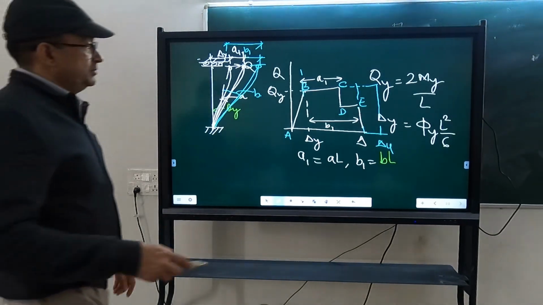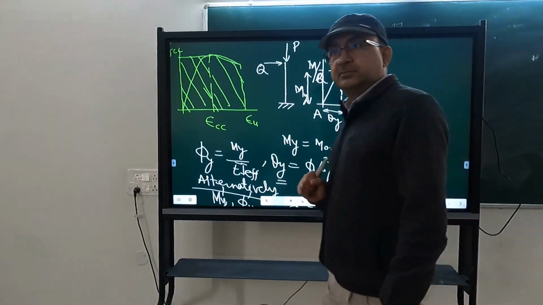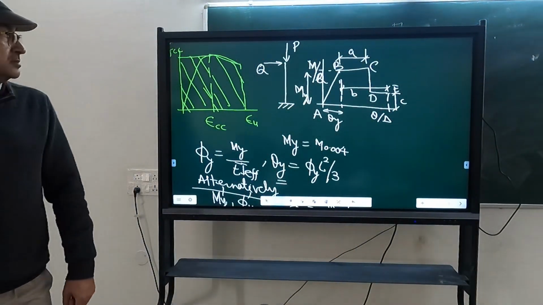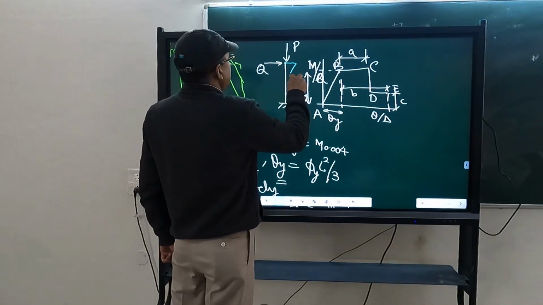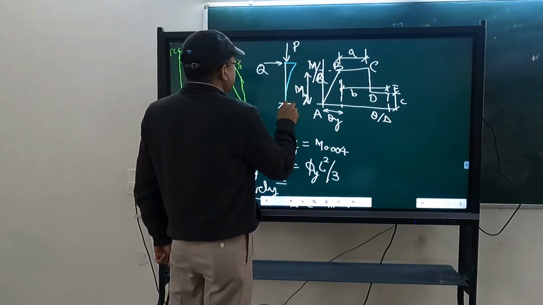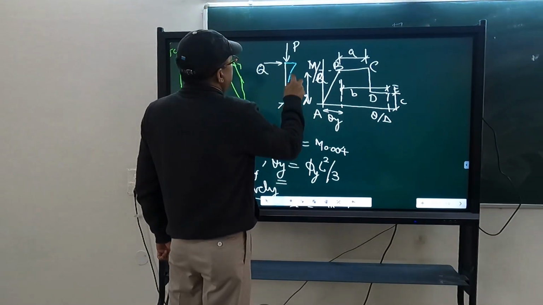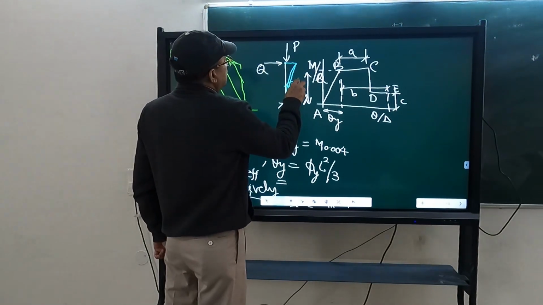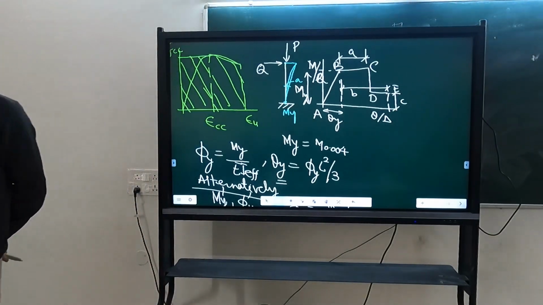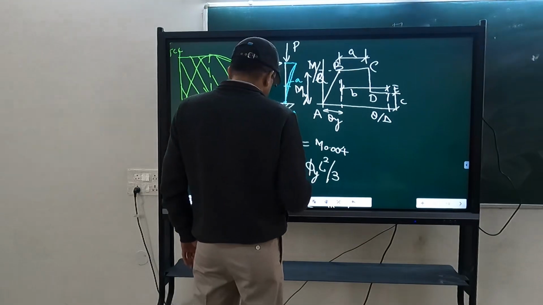Let's go back. What was A here? A is when it is deforming like this, still it is elastic. The moment here is My, and if you join this chord, the angle is, no, sorry, this chord angle is theta.